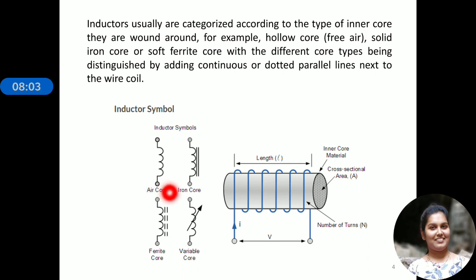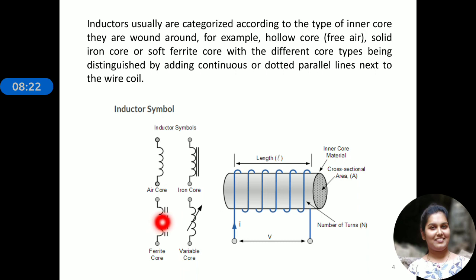Otherwise, we can also have an iron core. You can see it in the symbol: this inductor has two straight lines attached to it, indicating that the inductor has an iron core. This is the symbol for an iron core inductor.